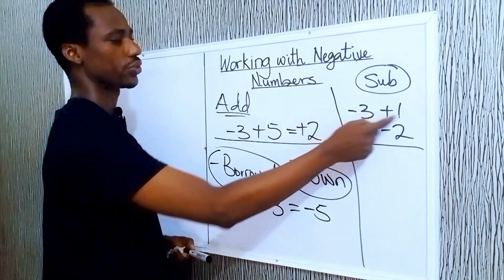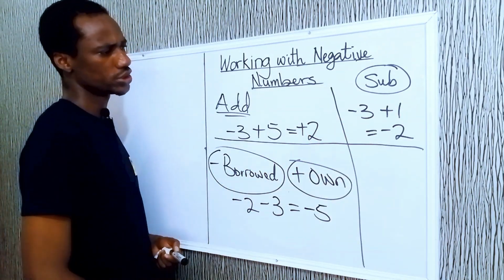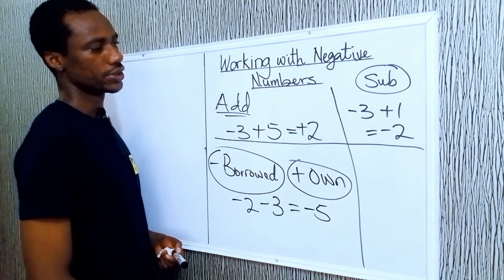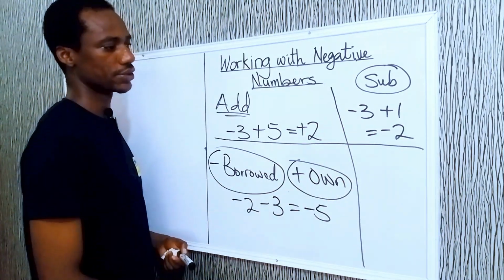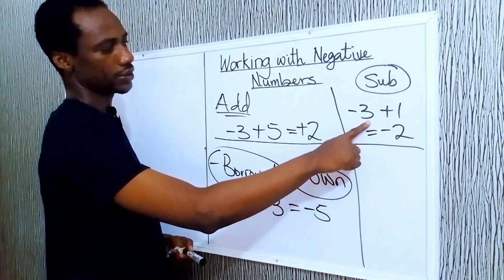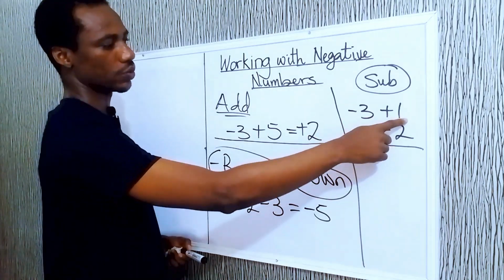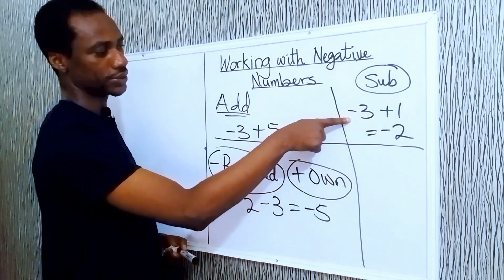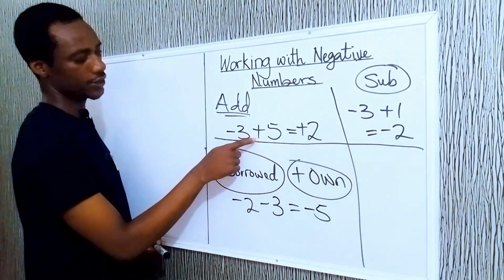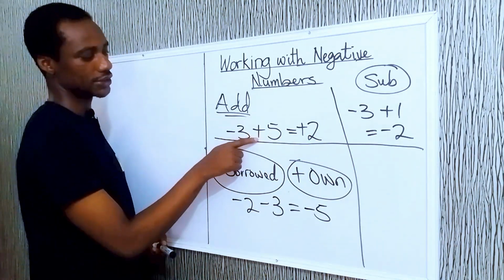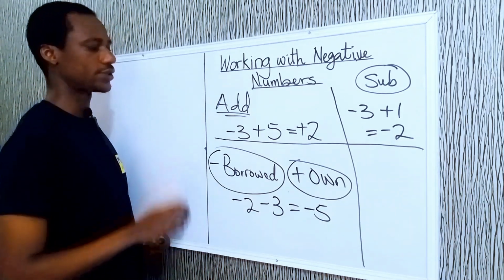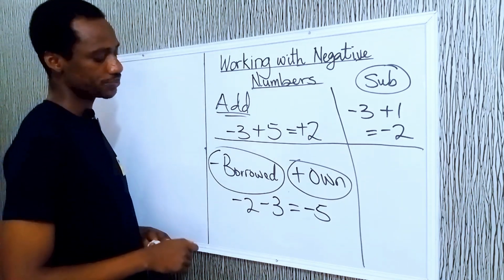So we just do 3 minus 1, which is 2. Then we check which sign is with the bigger number. Here we have 3 with the minus, which is bigger than 1. Because 3 is bigger and it's with the minus, our answer is minus. Here 5 is bigger and is with the positive, so our answer is positive. That's another way to look at it.